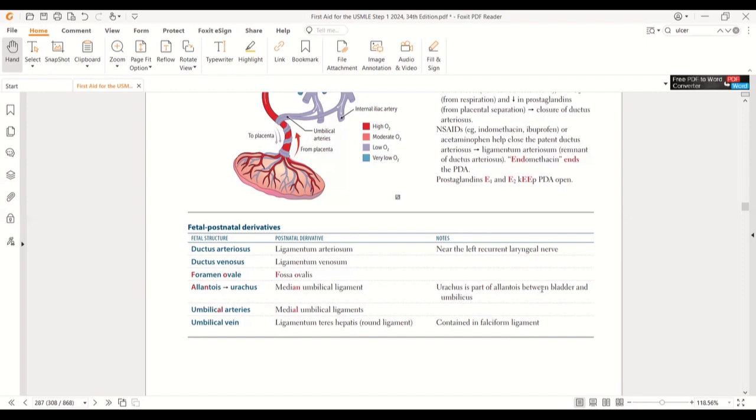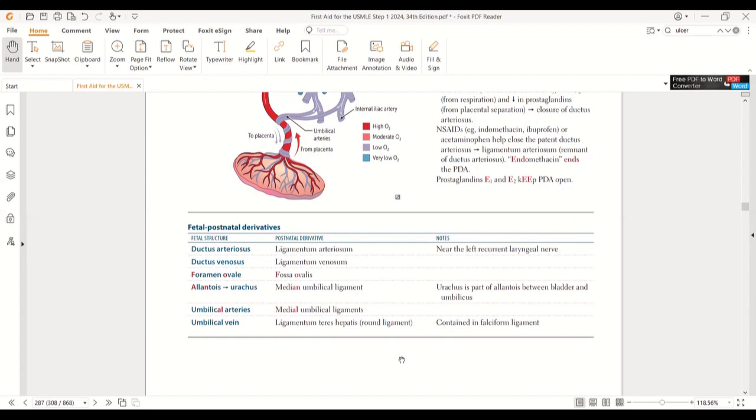But the key thing: if this urachus is not closed, then what happens? There is a discharge of urine from the umbilicus, right? If they give you a child where urine has come out from the umbilicus, what is the pathology behind this?